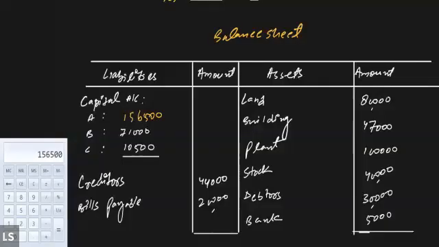And I'm also not sure whether my balance sheet is going to tally or not. Let's just tally the balance sheet. So it will be 80,000 plus 47,000 plus 1 lakh, then 40,000, then 30,000 plus 5,000. It will be 3 lakh 2,000.